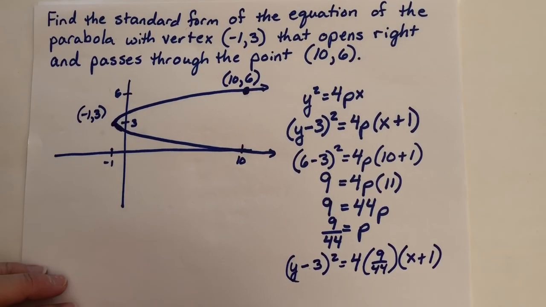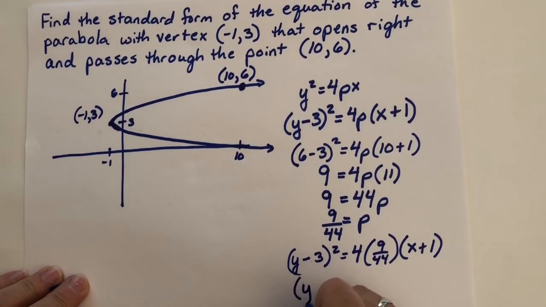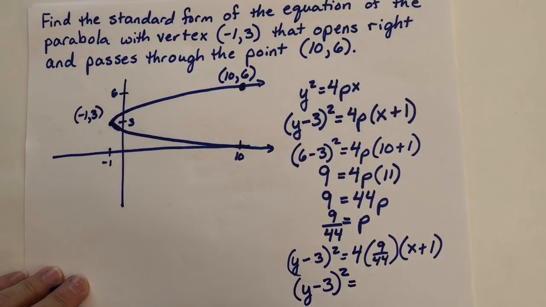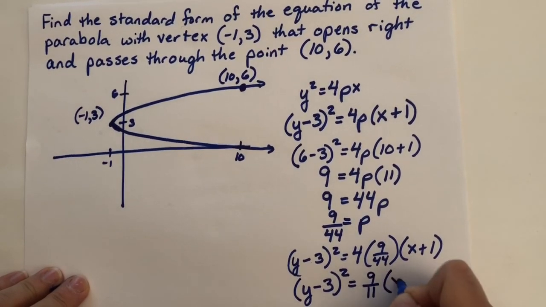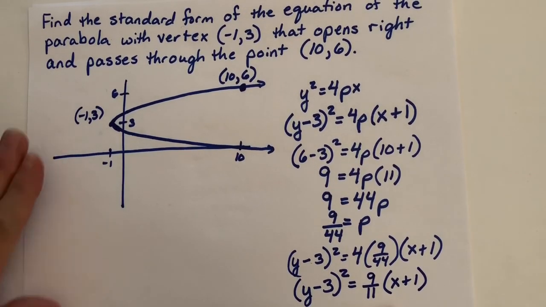And it would probably be nicer to present this equation with these two multiplied out. So we have y minus 3 squared equals, and notice the 4 and the 44 cancel. So we have 9/11 times x plus 1. And we have an equation for this parabola.